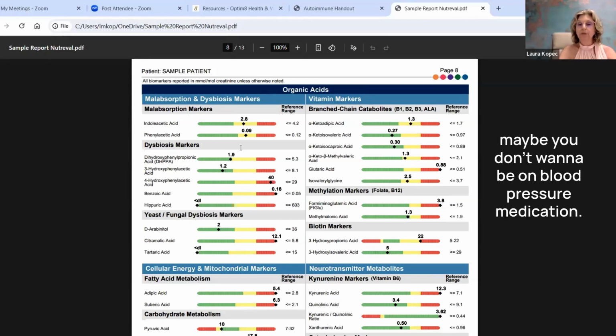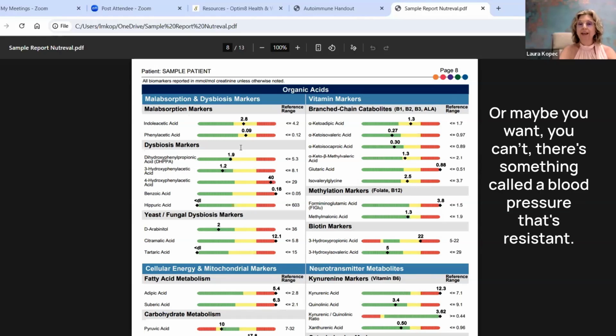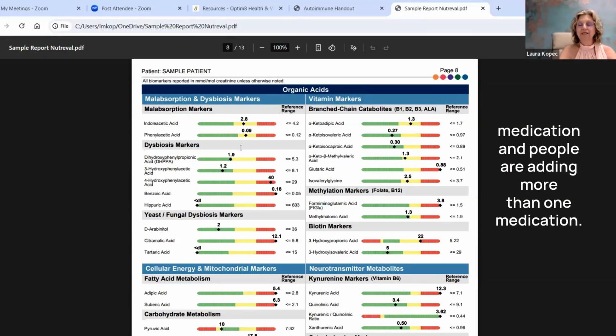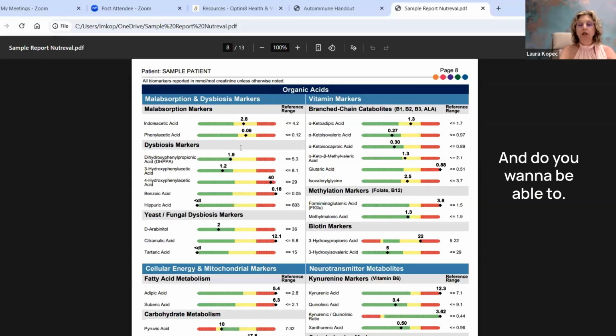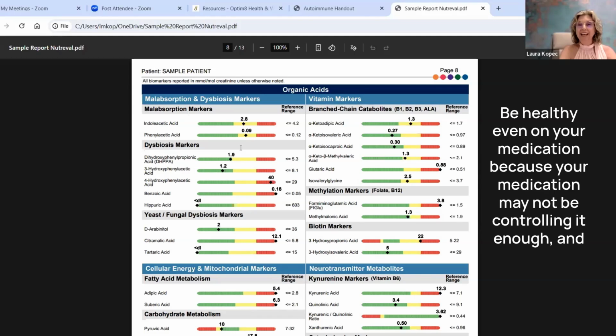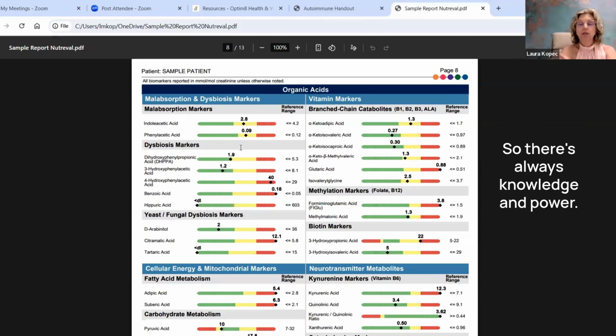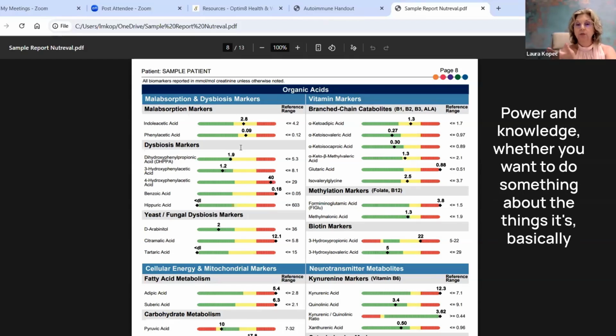And maybe you don't want to be on blood pressure medication, or maybe you can't, there's something called blood pressure that's resistant. There's a lot of conditions that are becoming resistant to some of the medication, and people are adding more than one medication. And do you want to be able to be healthy even on your medication, because your medication may not be controlling it enough and now you're adding more and more medication and it's just starting you down this slope? So there's always knowledge and power, whether you want to do something about the things.